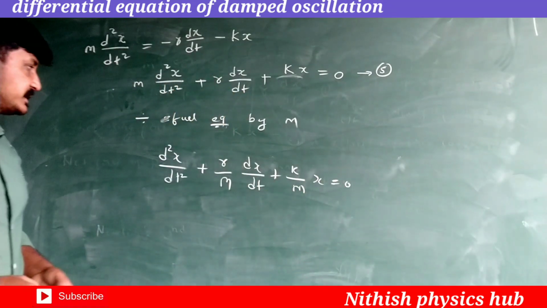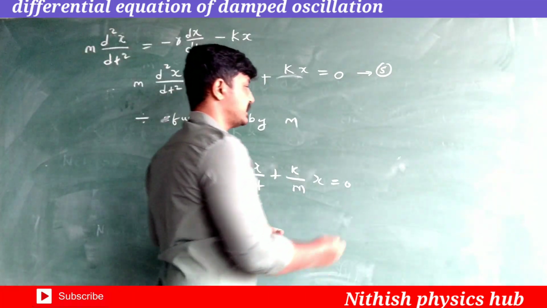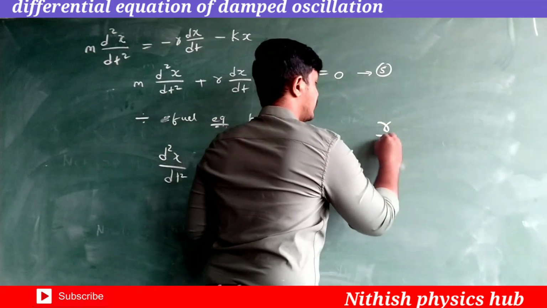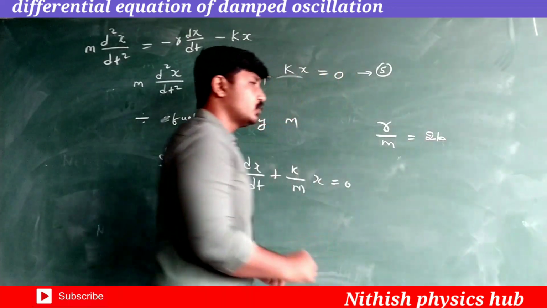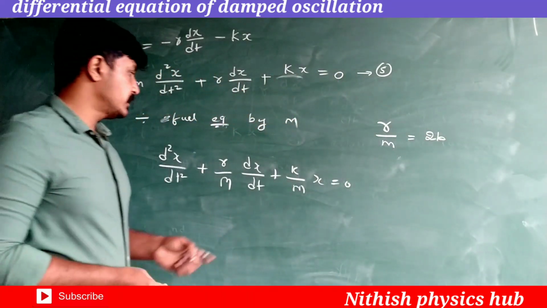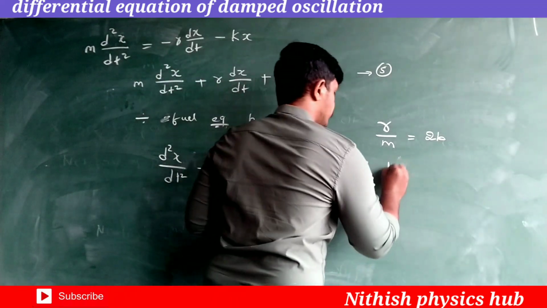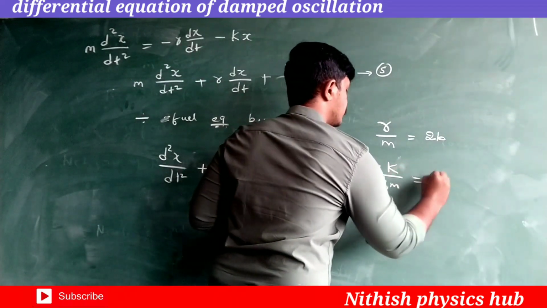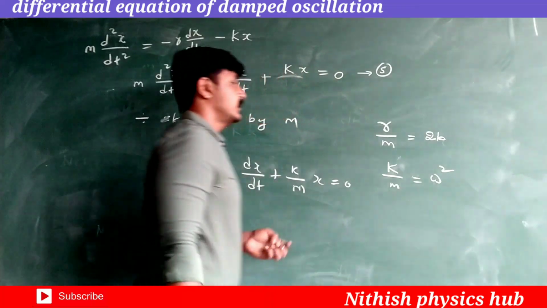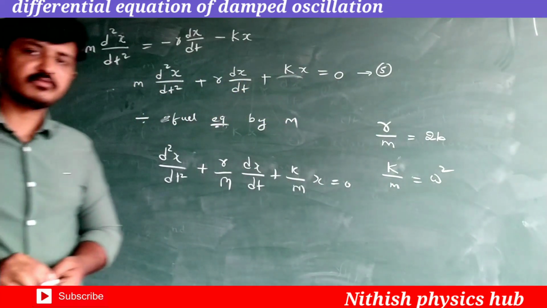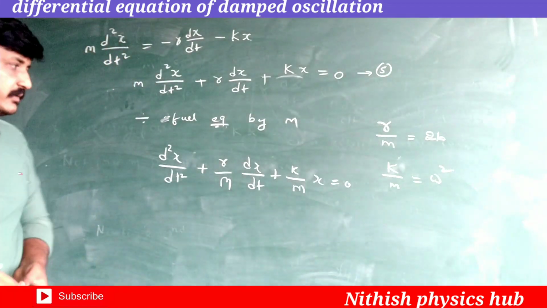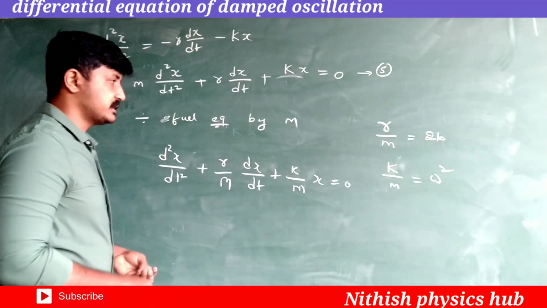By observing this equation, I can say that r by m is equal to a constant, which is called 2b, and k by m is equal to omega square, where omega is the angular frequency, which has been derived in a previous equation.